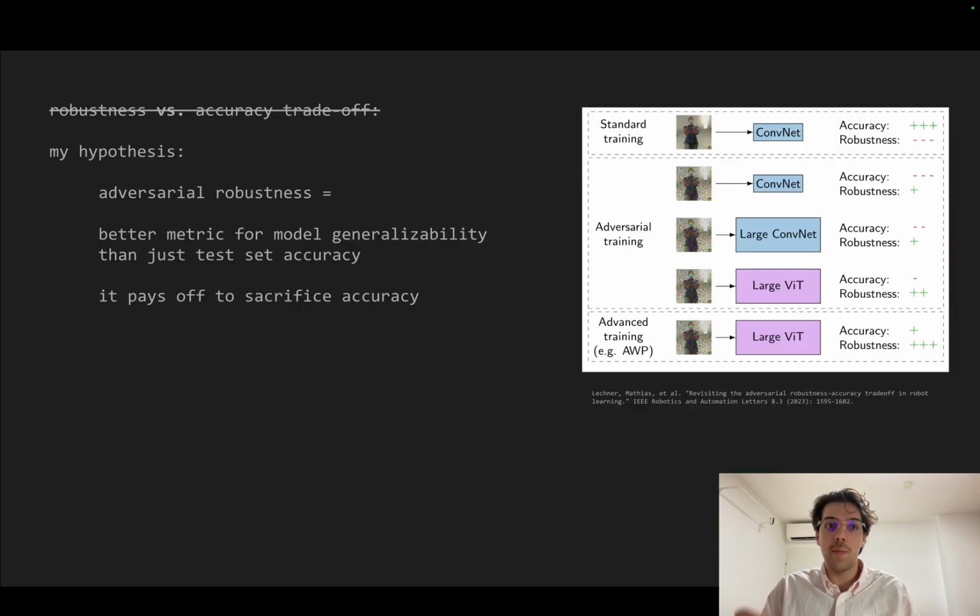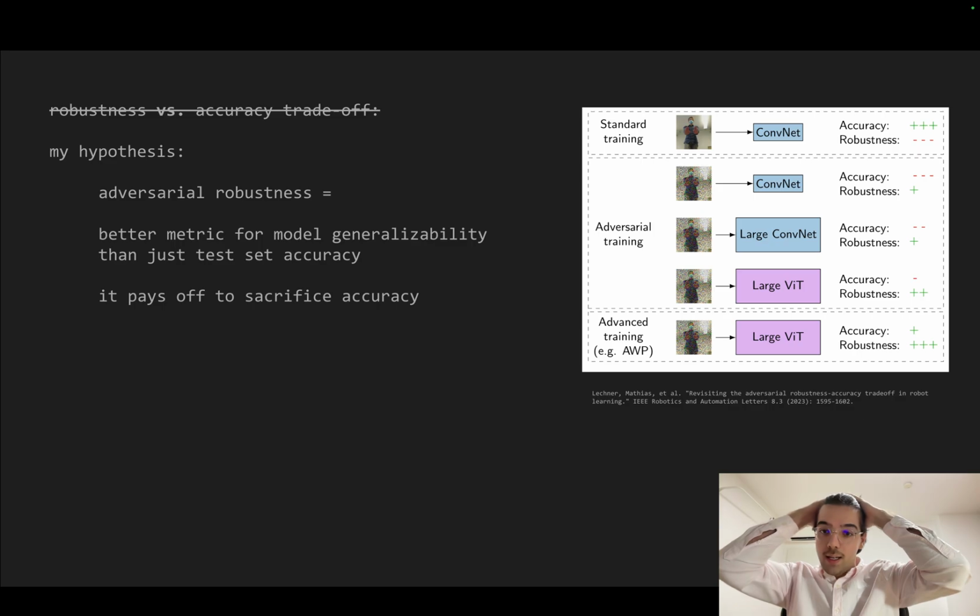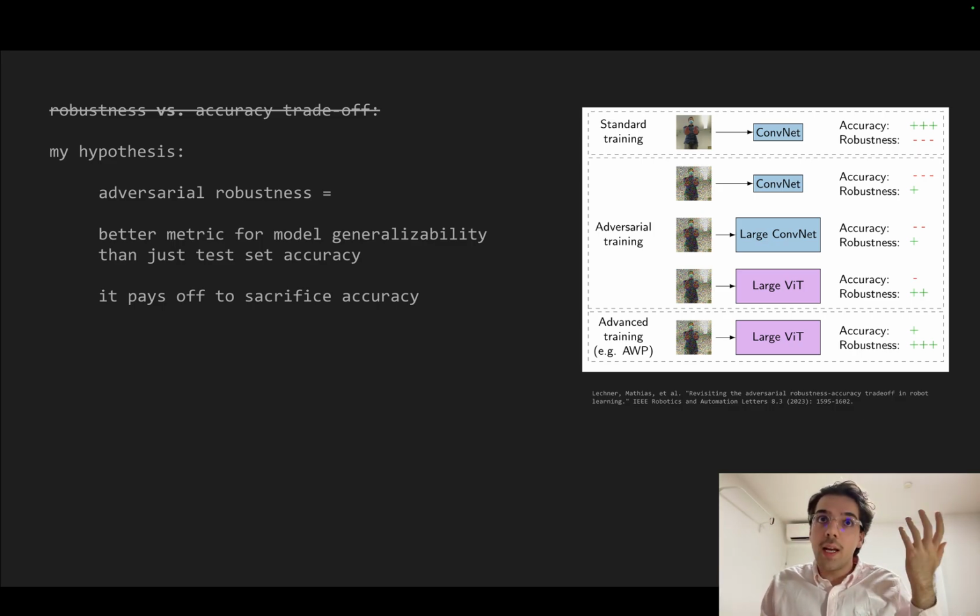My hypothesis is that adversarial robustness is actually a much better metric for generalizability than our classic test set accuracy, and it really does pay off to sacrifice accuracy, as what we really care about is the model's generalizability in downstream tasks and not just some arbitrary metrics to one-up each other in papers. Also, you can get the best of both worlds if you do it smartly.